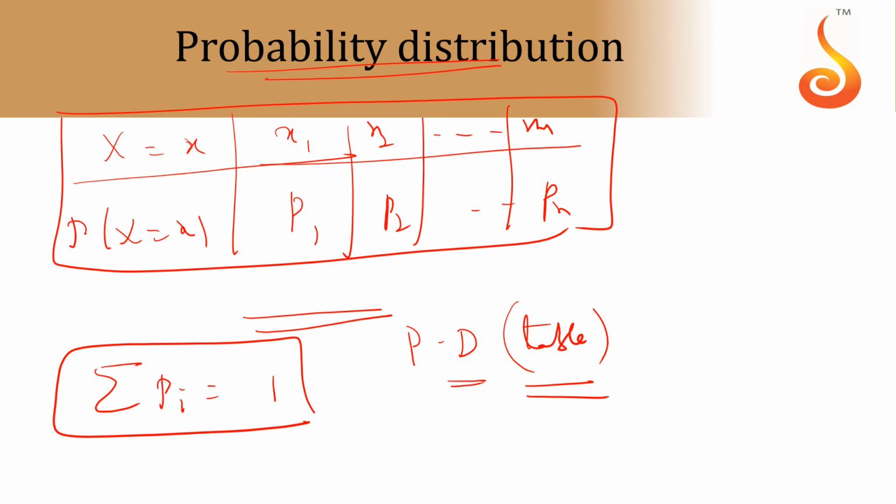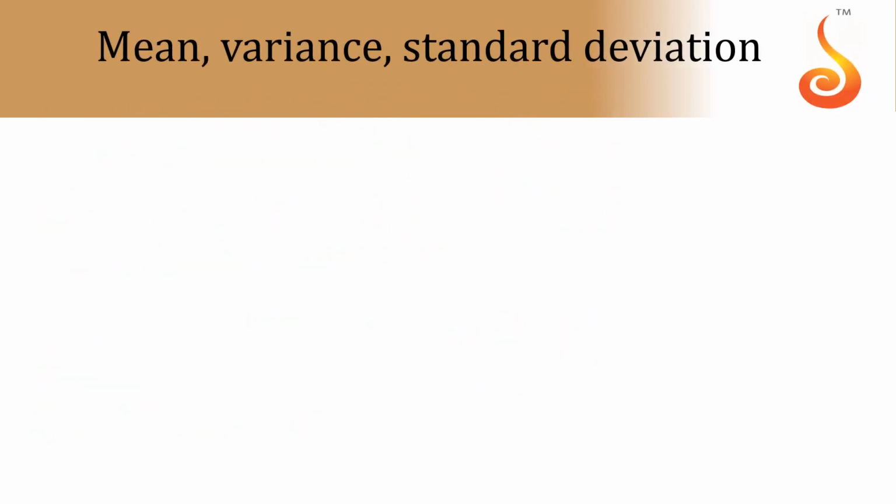That is probability distribution. For the distribution, we calculate three things: mean, variance, standard deviation. These are the symbols. Mean means the expected value of the random variable, then the variance of the random variable, and the standard deviation of the random variable. So what is the formula for mean?